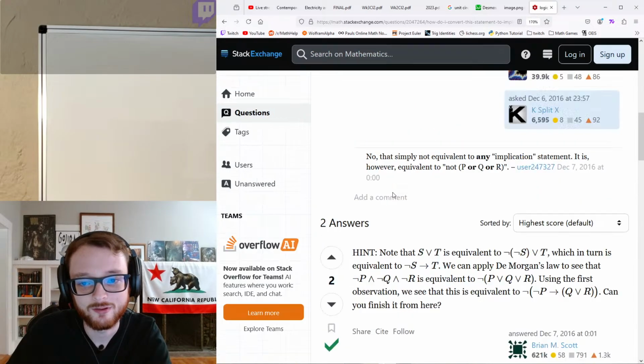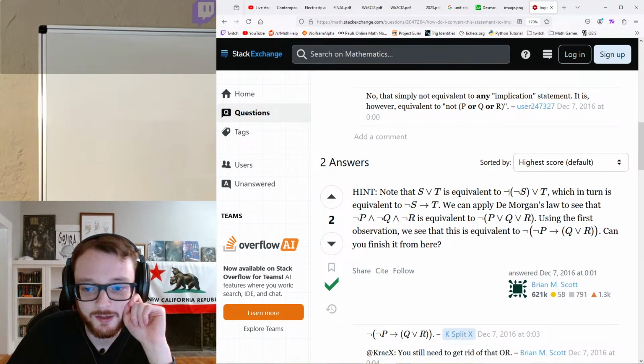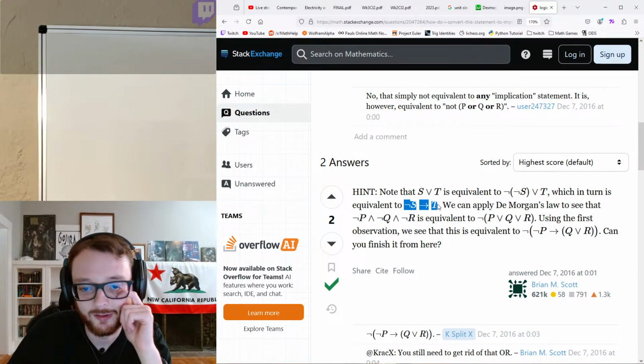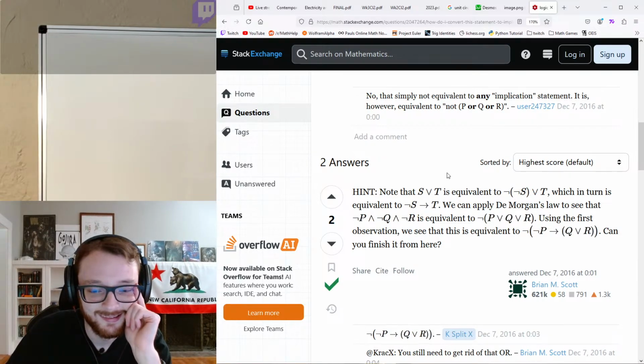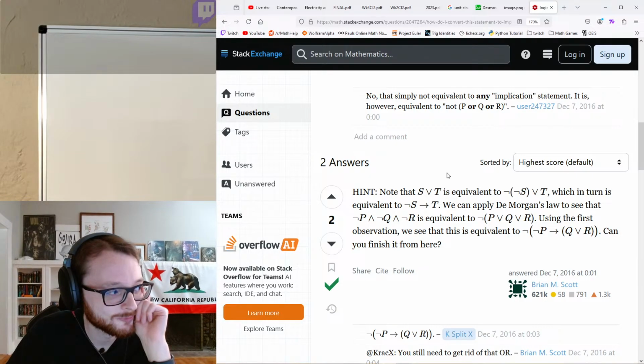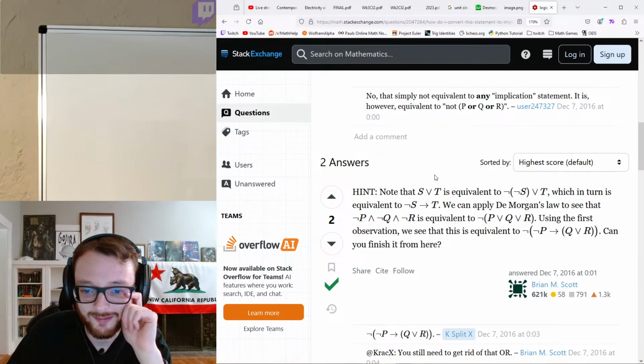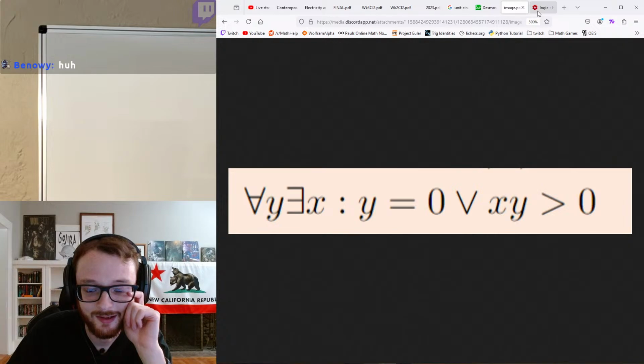S or T is equivalent to not S or T. And I guess not something or something is equivalent to if not something, then something. I would need to actually write up the truth table to see that for myself, but I think the answer is going to be if not y equals 0, then xy is greater than 0.